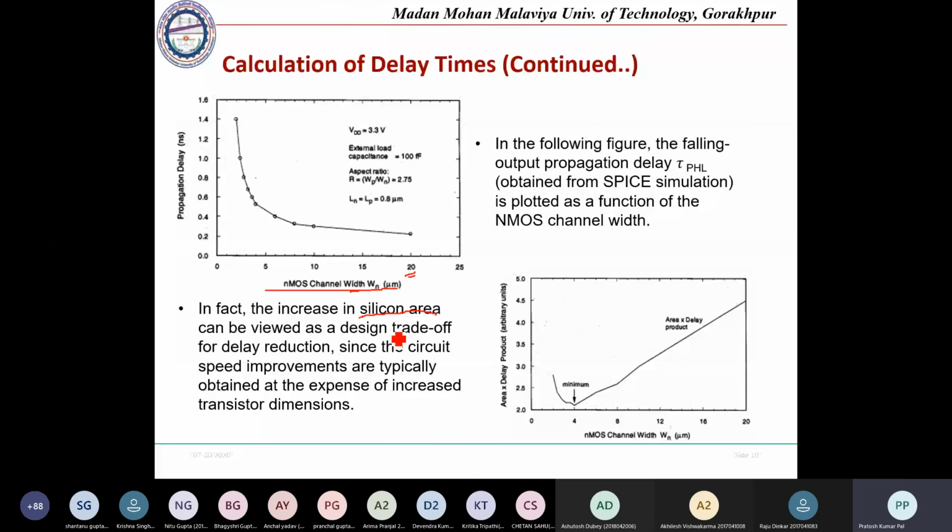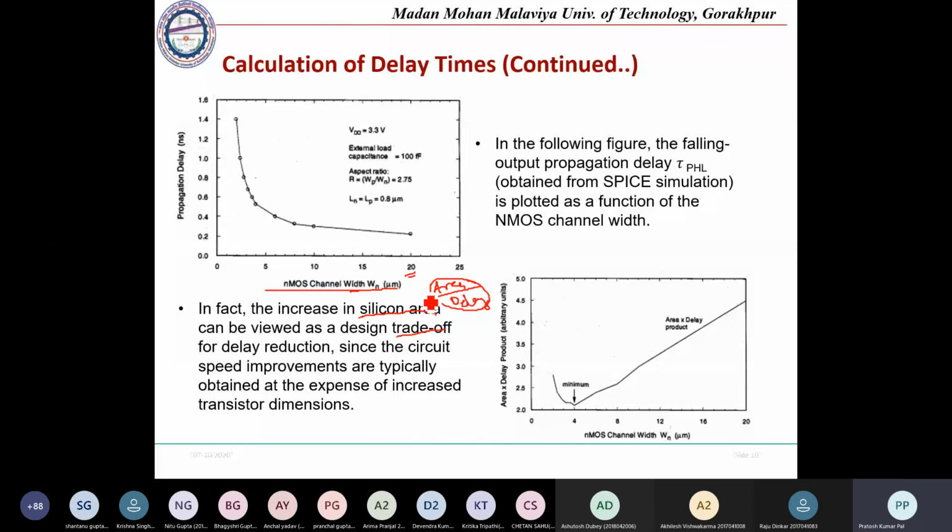So we have to make a trade-off between what area we need and what delay we need, in terms of what minimum or maximum value of W we should use to balance the area requirement and the delay requirement.